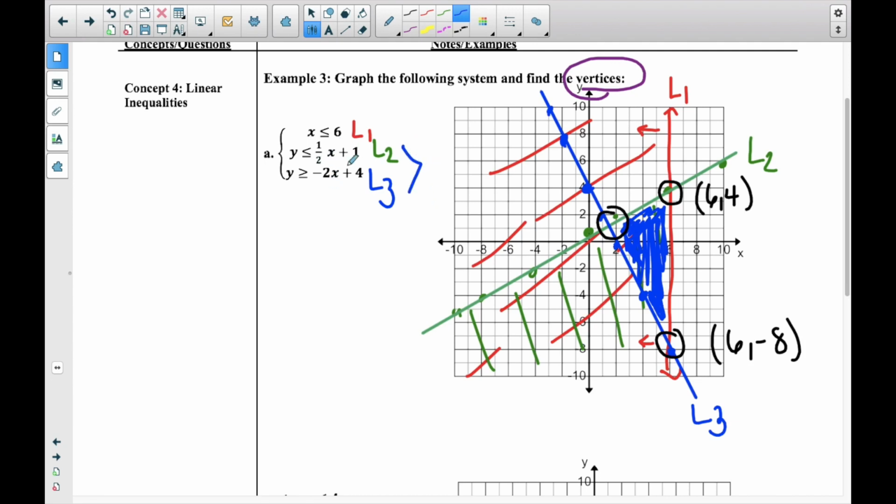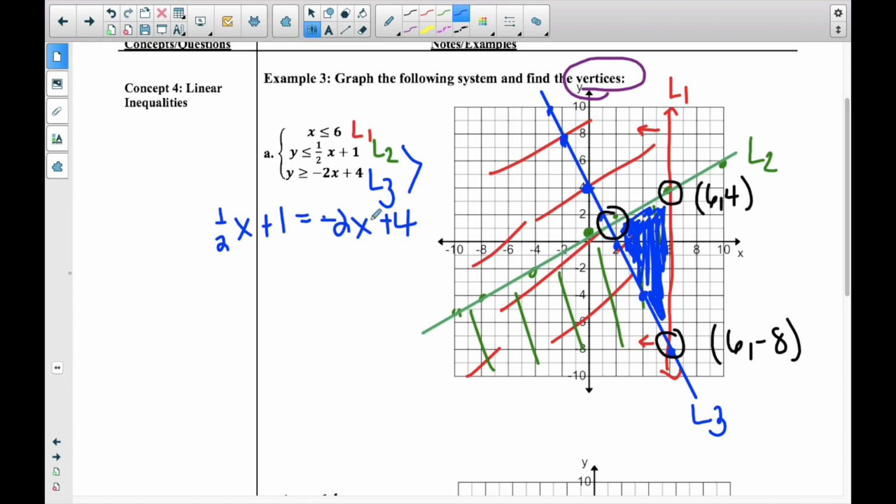If I look at the equations, they're both set up as y equals. And again, I know there's a less than and a greater than, but the line itself is the equals part. So I can set 1/2 x plus 1 equal to -2x plus 4. And that's going to tell me what that crazy intersection point is.